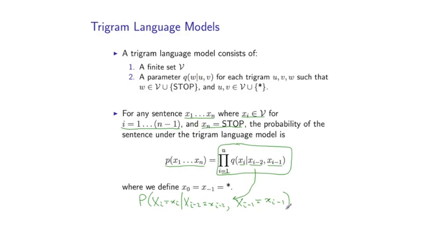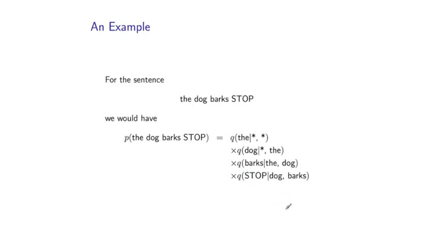So that's the formal definition, but things should become a lot clearer if we go through an example, because what we end up with is really a very simple model. So let's take a particular sentence, for example, the sentence, the dog barks. As before, we have the stop symbol at the end of the sentence. We'll always have that.